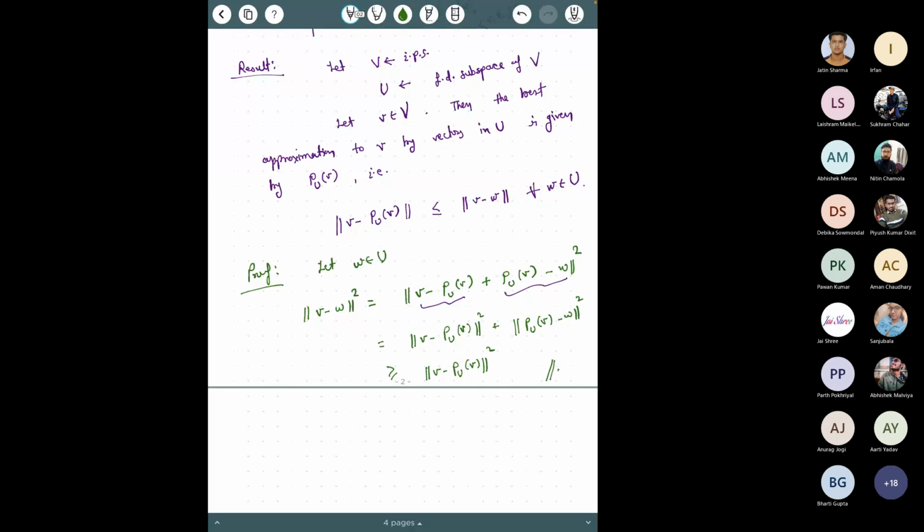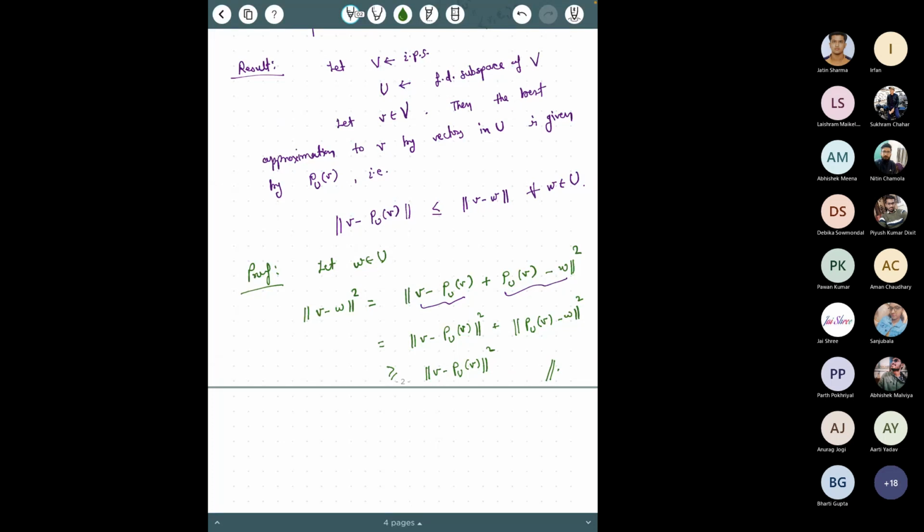This is what you were trying to show, that the distance of v and P_U of v is always less than or equal to the distance of v and any vector w in U. So this vector P_U of v, which you get by projecting v orthogonally on U, is the closest vector to v. This is easy to compute once we know the subspace U and the given vector. Using that, we can easily find which vector in U is nearest to v.